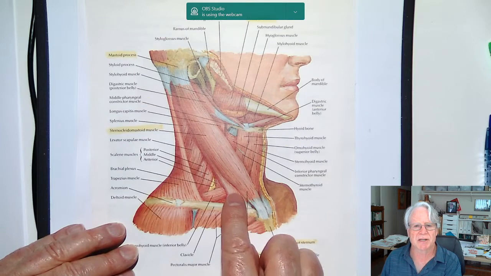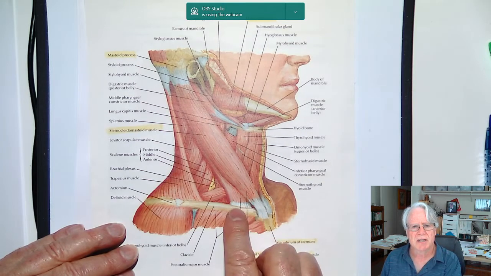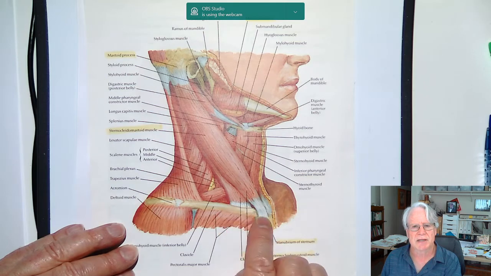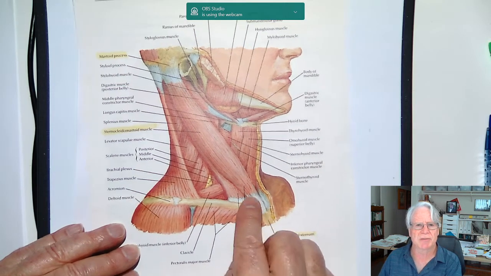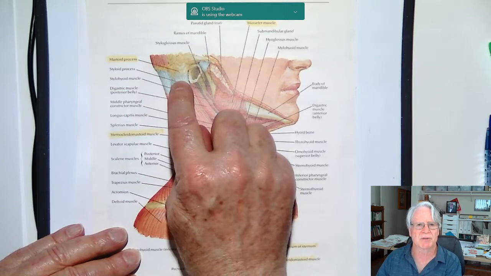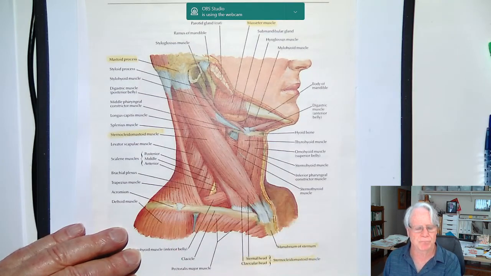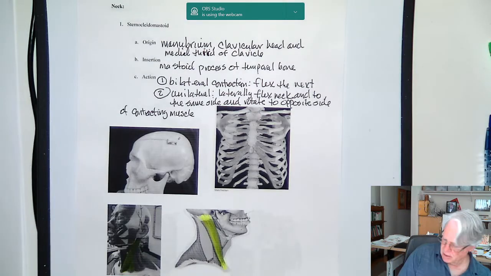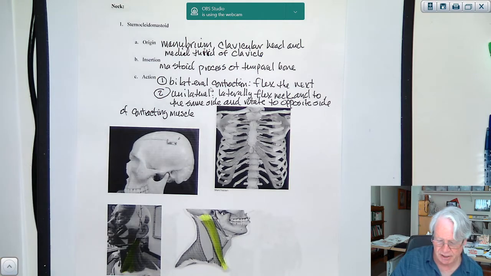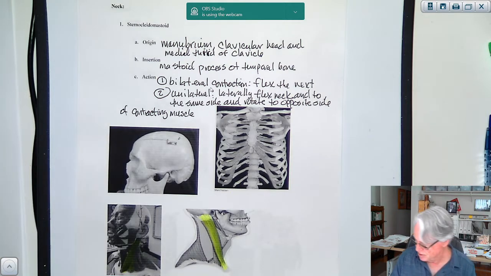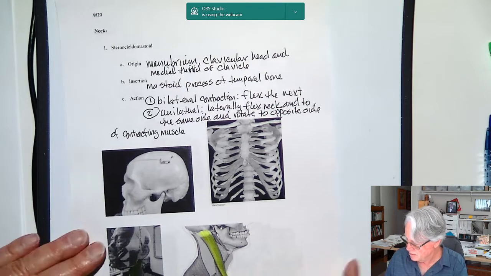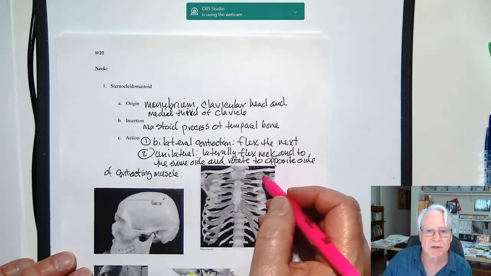So you can see it's got two heads here, and one of those heads is sitting on the clavicle and the other one is sitting on the manubrium, and it comes up to the mastoid process right there. And so we can highlight, so red is origin, and we're going to do this up here for the origin.